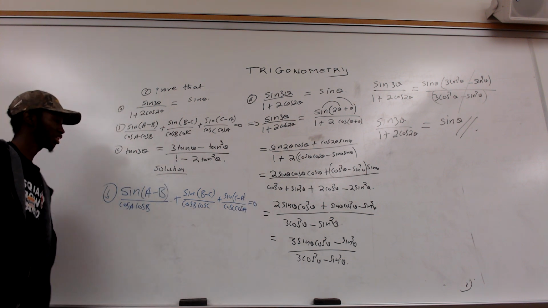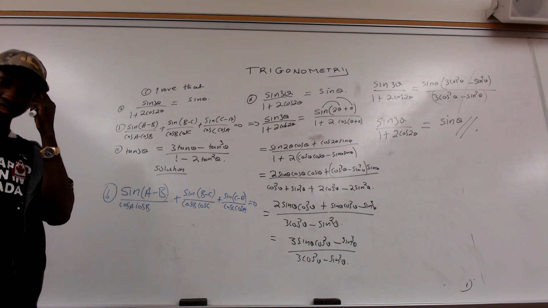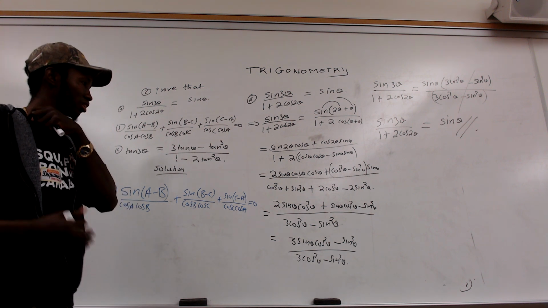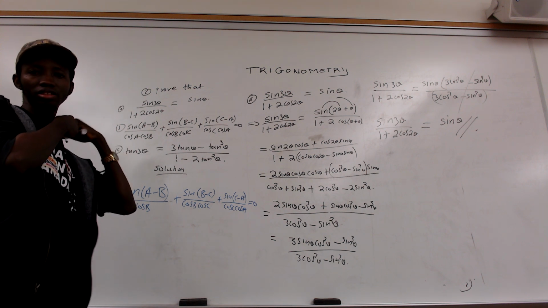So to prove that the left-hand side equals the right-hand side, we can consider the left-hand side and play with it to see that the result we are going to have is going to be 0.